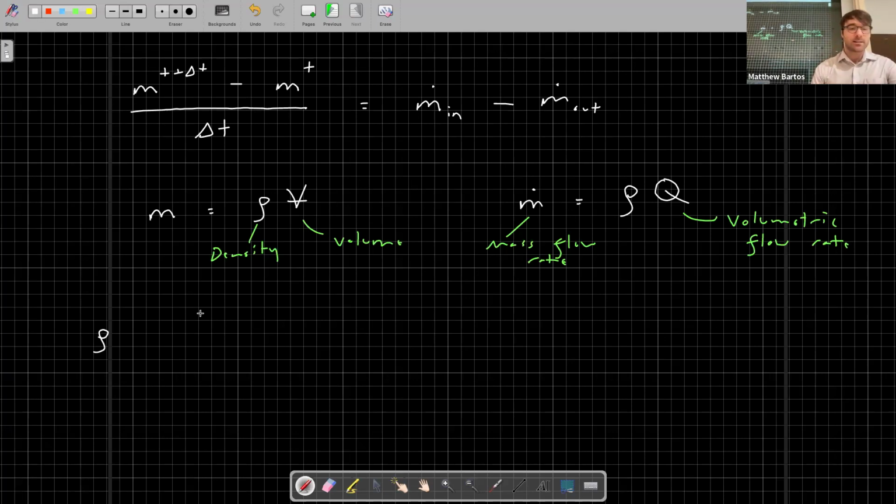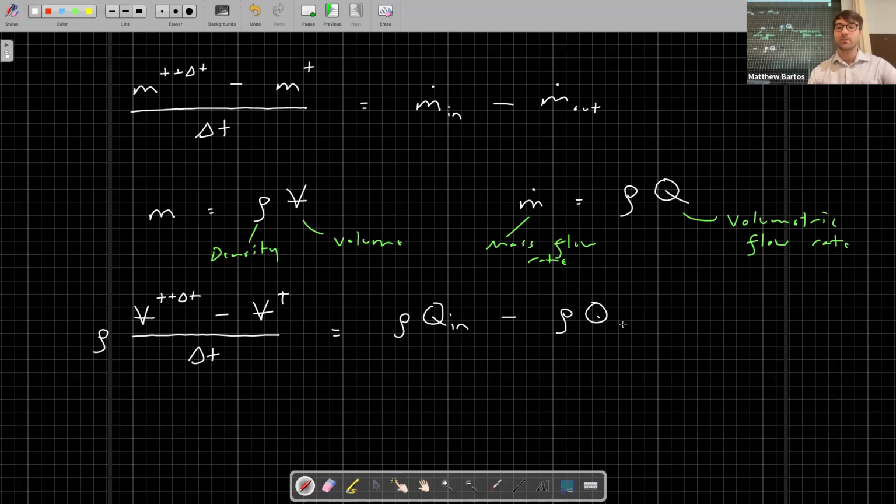We have density times the volume at time t plus delta t minus the volume at time t all over our time increment delta t, is equal to the density times Q in, that's the flow rate into the control volume, minus the density times Q out, the flow rate out of the control volume. Oh, I should probably write here, this is the density coming in, and this is the density coming out.